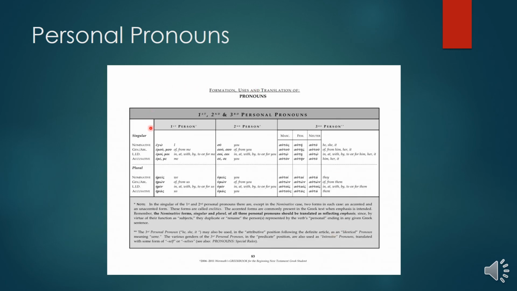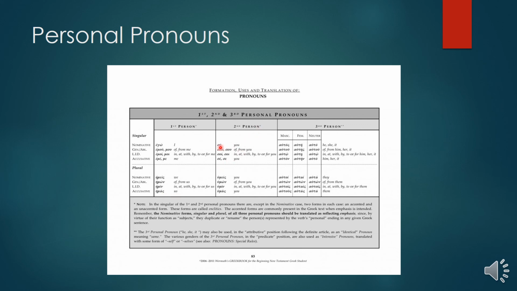On this particular chart, we have the exact same thing I showed you in the previous chart, just another chart formatted a little differently. First, second, and third person pronouns. And here you have ego is I, emou is of me or from me, emoi in, at, with, by, or to me, eme is me, direct object, first person singular. First person plural is we, hemeis, hemon is of or from us, hemin is in, at, with, by, or for us, hemas is us, direct object.